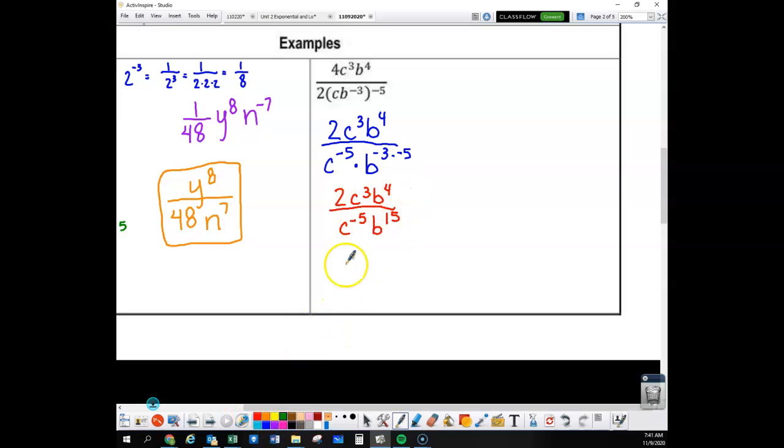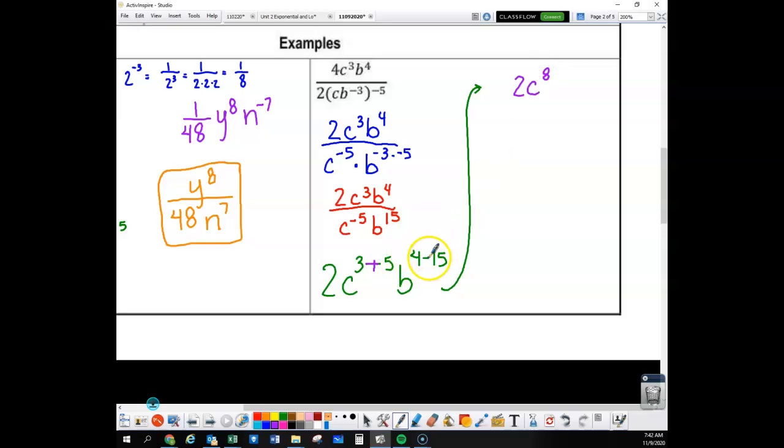And then we can subtract. So it would be 2 times c raised to the power of 3 minus -5. All right. And then b raised to the power of 4 minus 15. So 3 minus negative 5 is plus, so 2 times c to the power of 8.